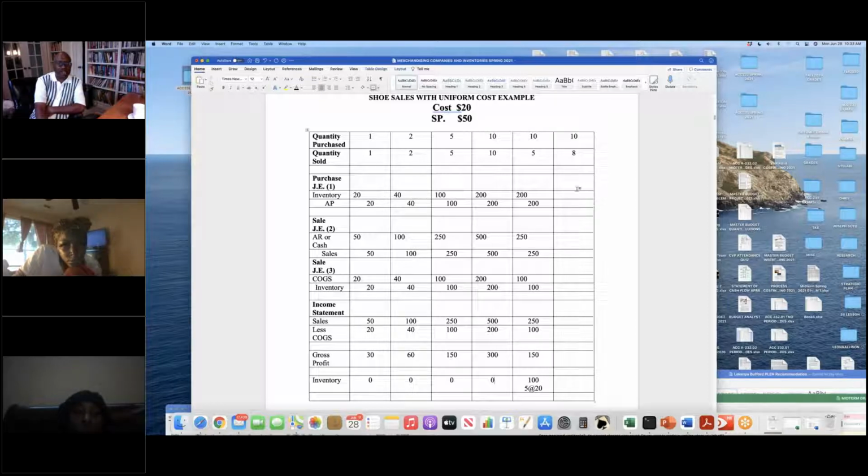All right, so since y'all decided to do that, now I'm going to give you all a couple of minutes. Work the scenario where the quantity purchased is 10 and the quantity sold is 8. Take your time and work that scenario.